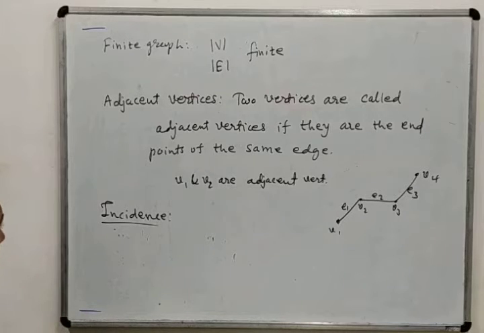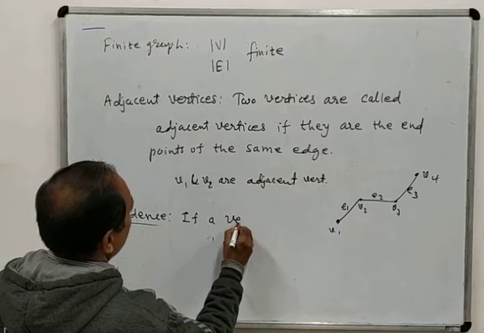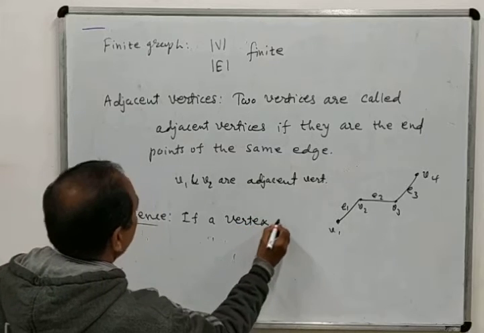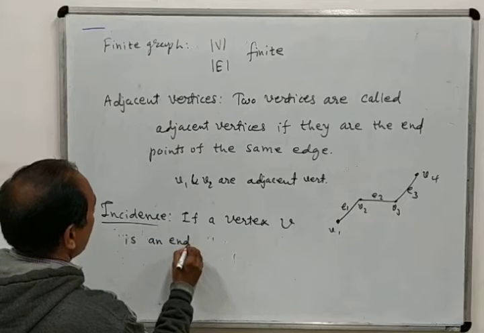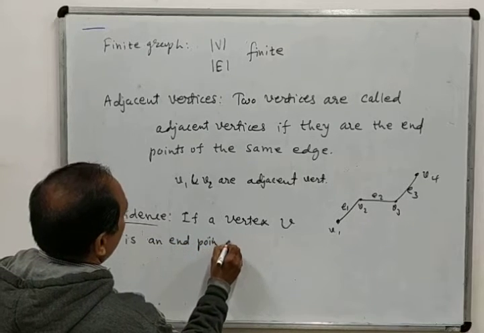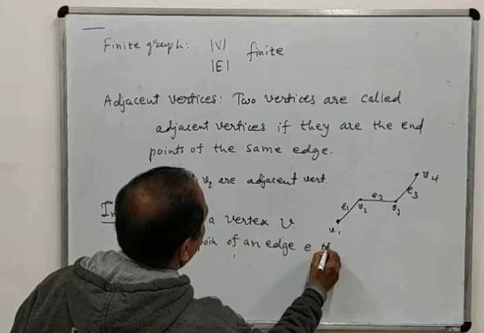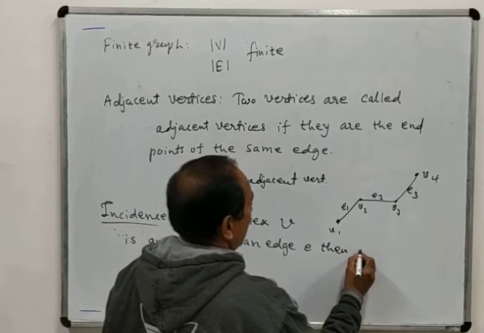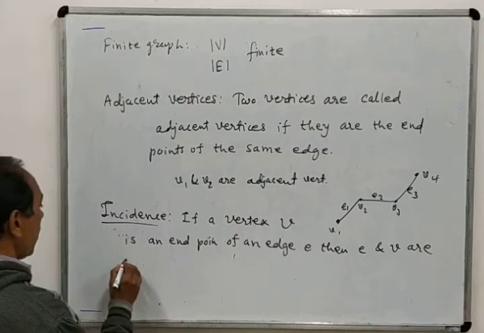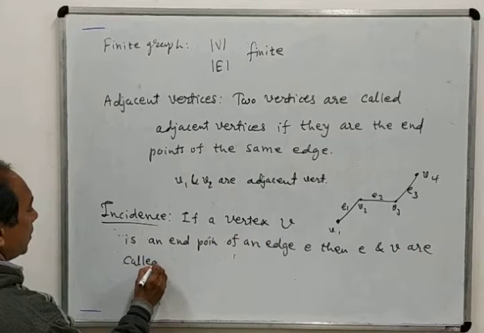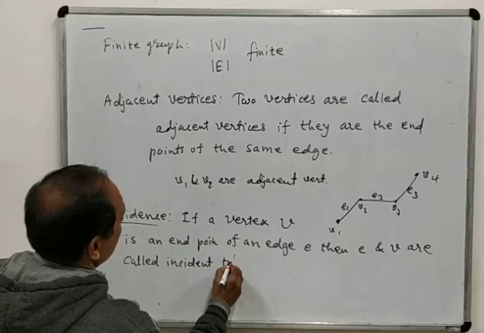That means if a vertex V is an endpoint of an edge E, then E and V are called incident to each other.